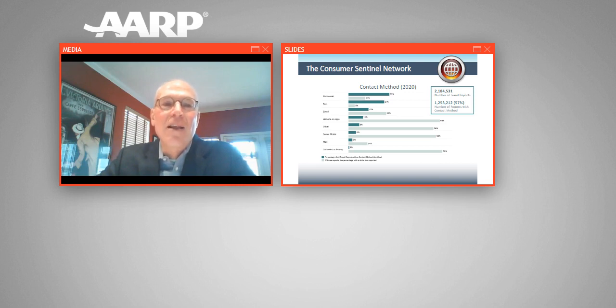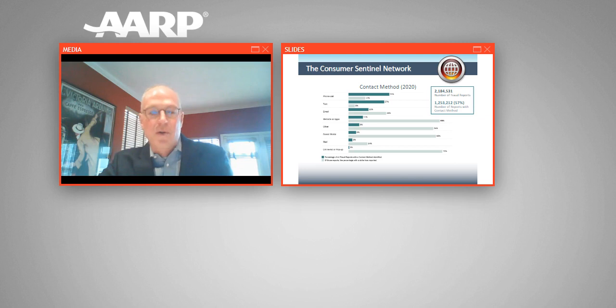The solid green line shows the percentage of fraud reports that had that contact method. And the lighter green line is the percentage of those reports where people reported losing money. So you can see phone calls are the most common contact method, but fewer people actually lose money.